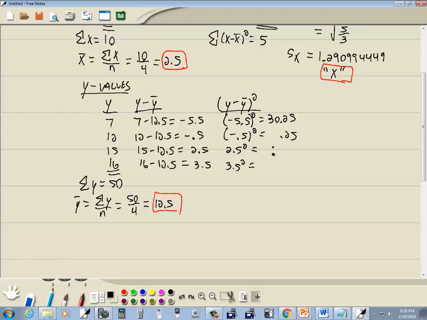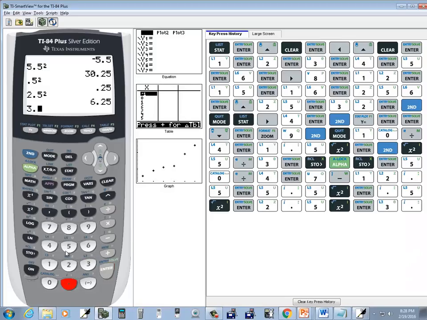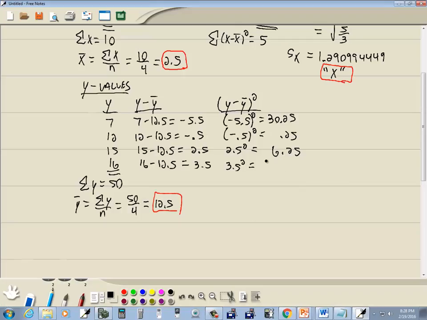And 3.5 squared gives us 12.25. Okay, so the sum of the y minus y bar squared, was that up to 1, 6, 7, 8, 9, 59?